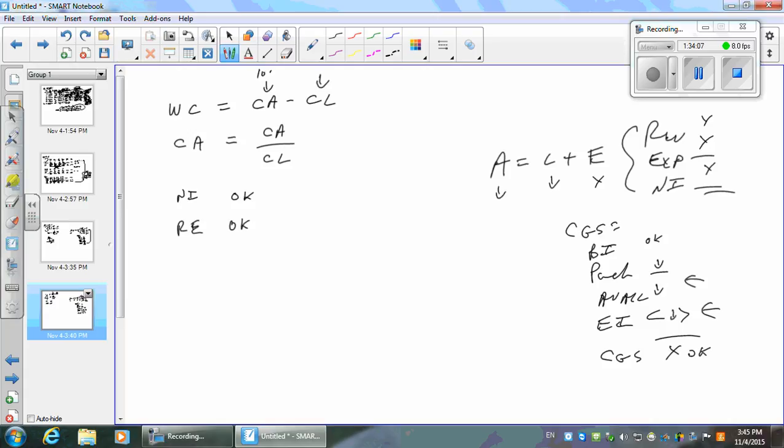This is 100, and this was 60, and it should be 110 and 70. What do you think? It's okay, right? If you were to increase your current assets by the same amount you increase your current liabilities, what happened to working capital? Nothing. Okay, this just plays head games with you, doesn't it?